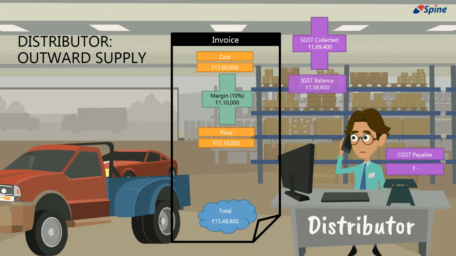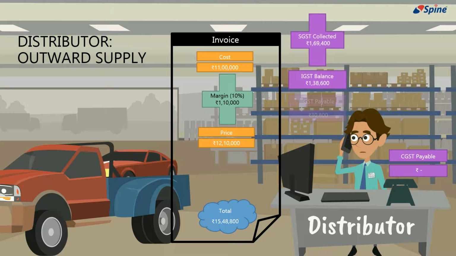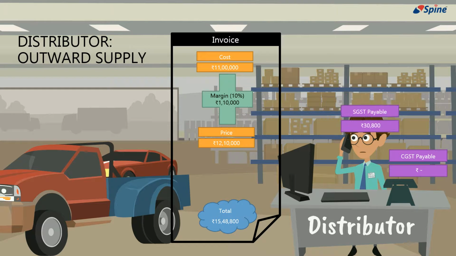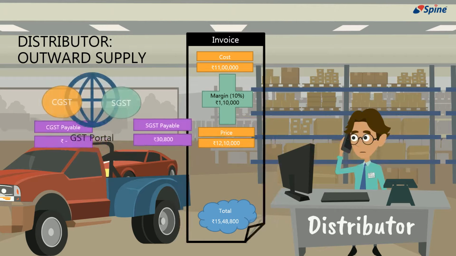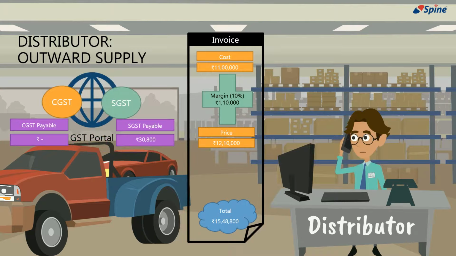Now, the IGST credit balance is 1,38,600. Reducing the SGST liability using this IGST credit, we have the SGST payable as 30,800. So, this is the total tax that the distributor needs to pay on the GST portal. So, he doesn't pay anything in the CGST head, and pays 30,800 in the SGST head.